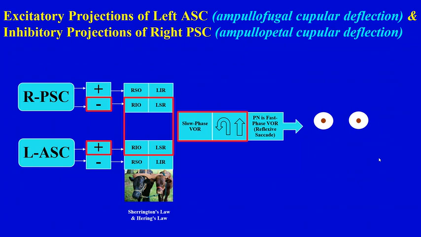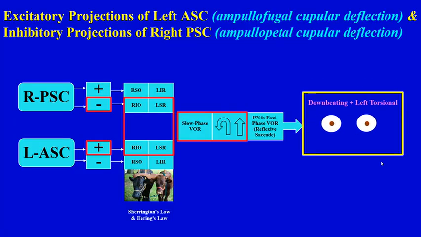So it generates a slow phase VOR, which is upbeating and right torsional. The fast phase, which is a reflexive saccade, is therefore left torsional and downbeating, whether it is apogeotropic right posterior semicircular canal BPPV or left anterior semicircular canal BPPV.